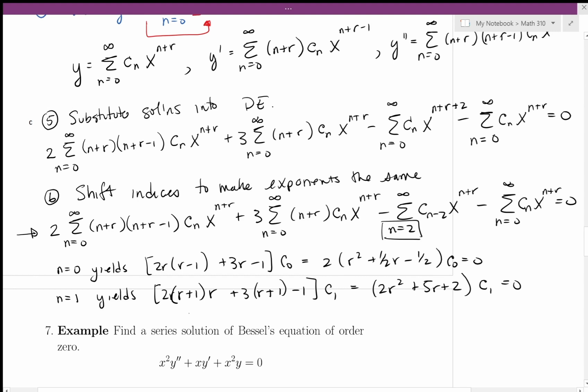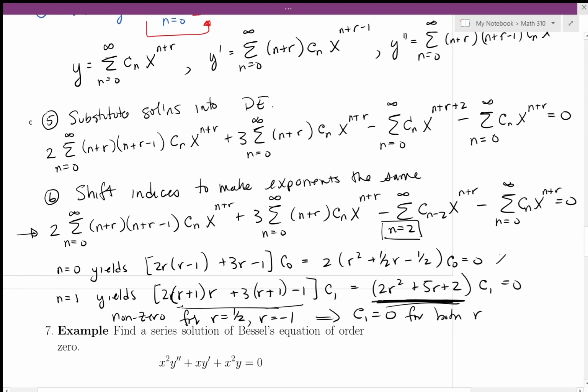I'm looking at these things here, but let me look at it in this simplified version. That is not 0. This thing here is non-zero for both r equals 1/2 and for r equals minus 1. And that yields me the information that c1 is equal to 0 for both r.